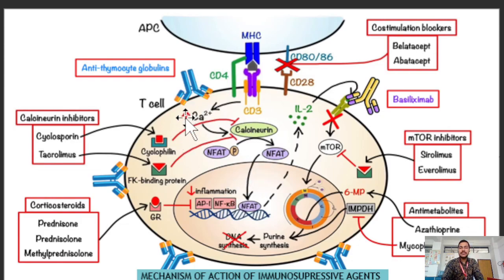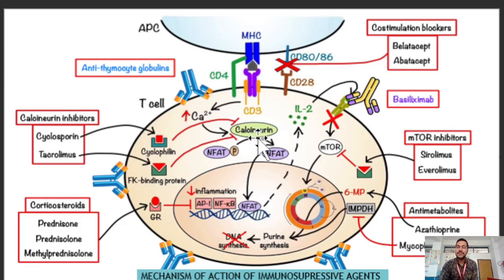When there is an increase in intracellular calcium ions, this will activate another compound which is called calcineurin. So again, when this MHC does the signal transduction, it will increase the intracellular calcium ions, and this increase will activate a compound called calcineurin.